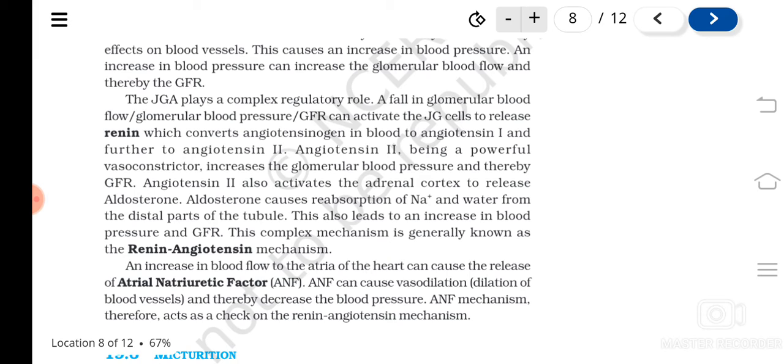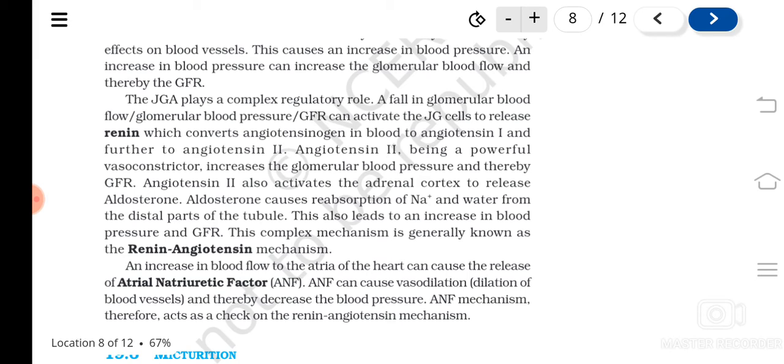And listen very carefully: renin will convert angiotensinogen, a compound in the blood, to angiotensin 1 and then to angiotensin 2. Angiotensin 2 is a vasoconstrictor, which helps the blood vessels to constrict or shrink. This increases glomerular blood pressure and GFR will be increased. So this is one way how the JG plays.